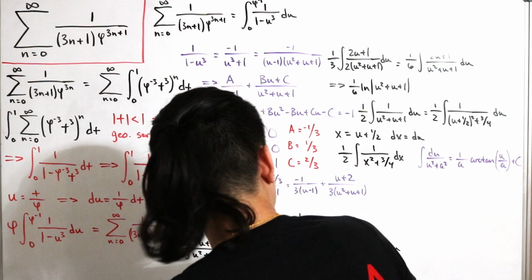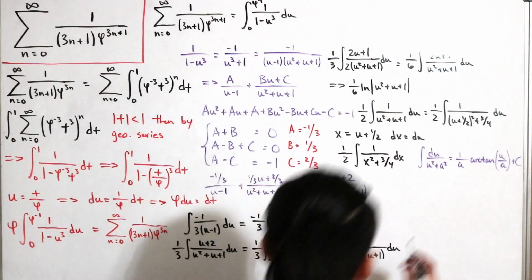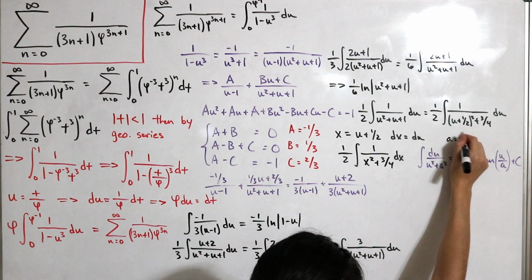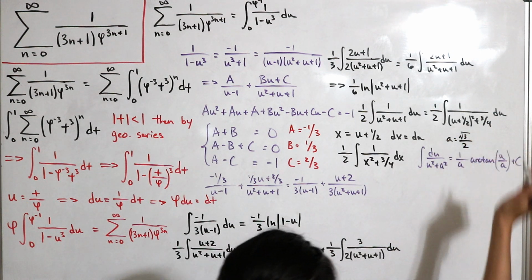Now let's put everything back together. So if I plug in a, a over here will be the square root of 3, then divided by 2.